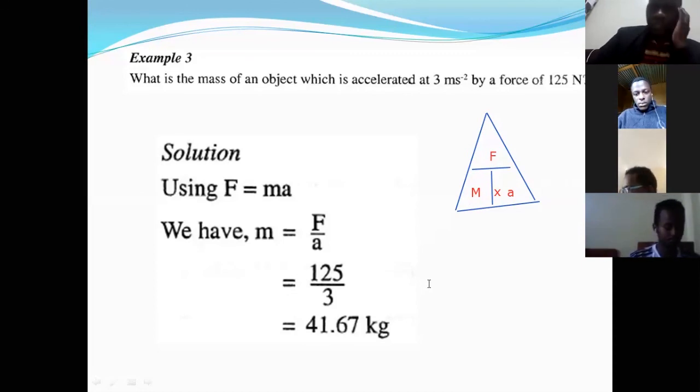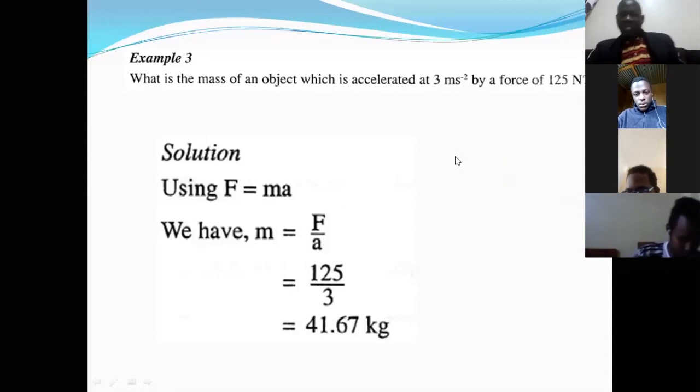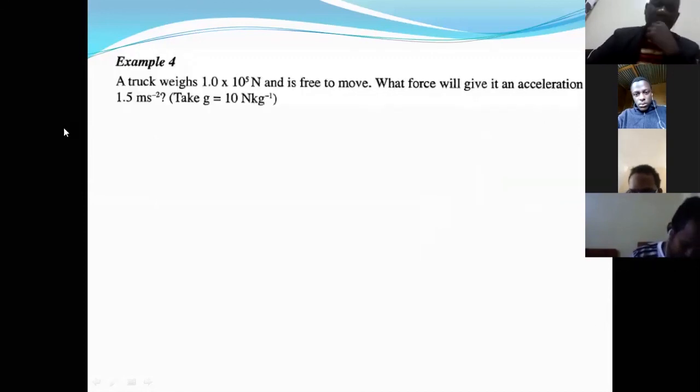So now we go to the next example. I believe whoever wanted us to go back to that has understood something. So this was the next example. What force will give an acceleration of this? So from that triangle formula, what force? Force is mass times acceleration.